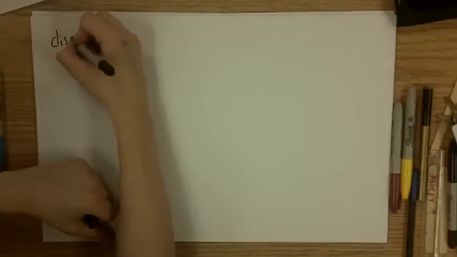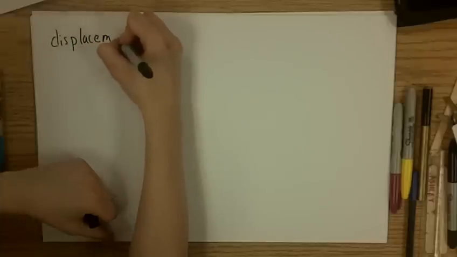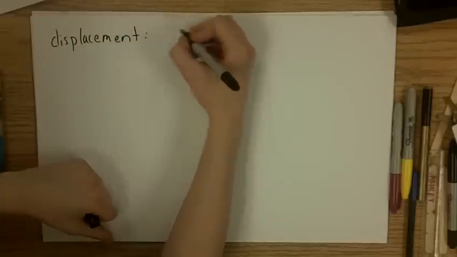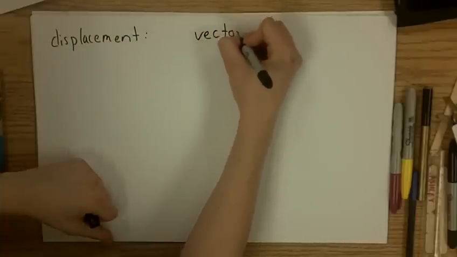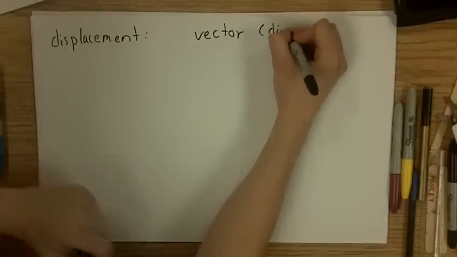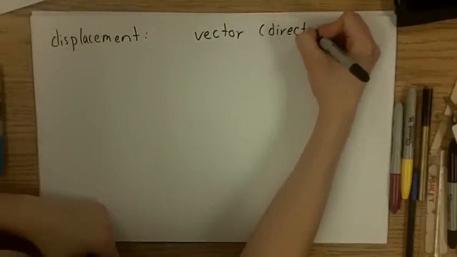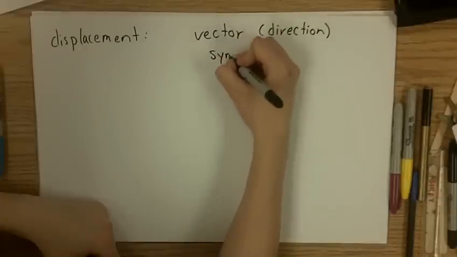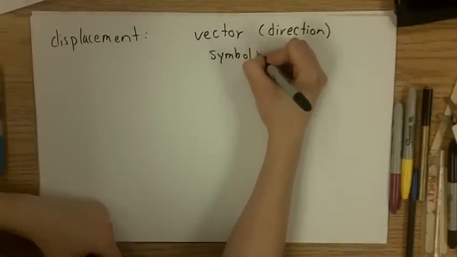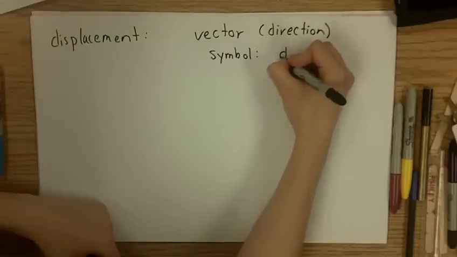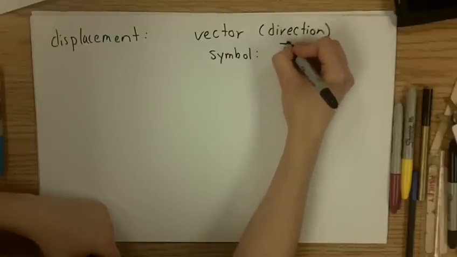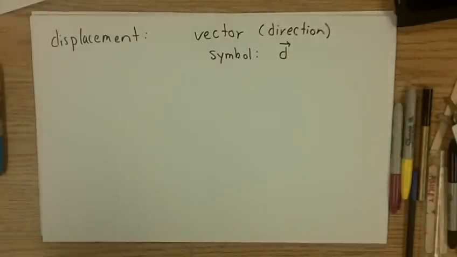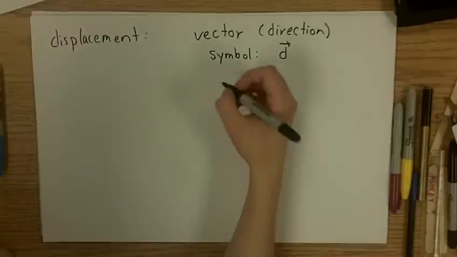Displacement is a vector. That means it has a direction as part of its answer. The symbol for displacement is also a d, just like distance, but the way we tell them apart is because displacement is a vector, it has an arrow above it, d arrow.